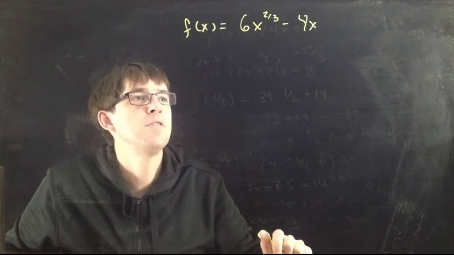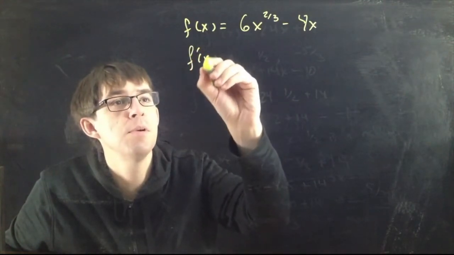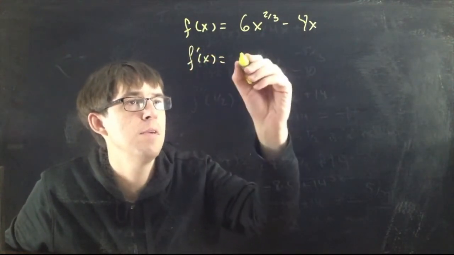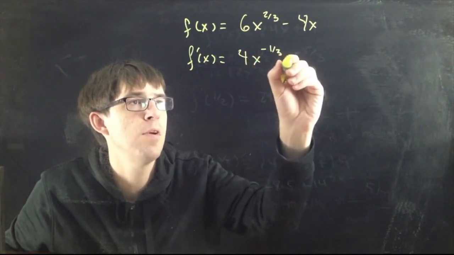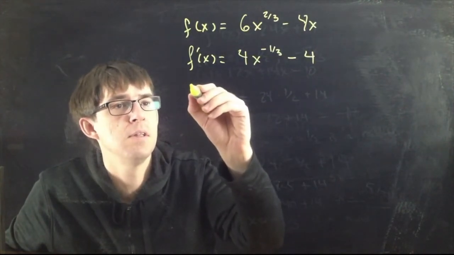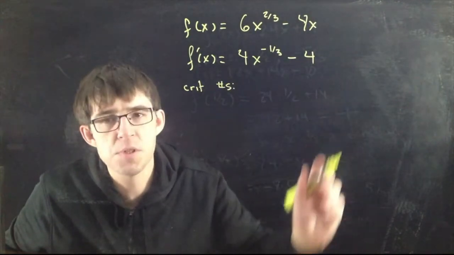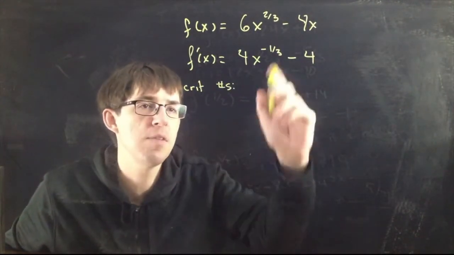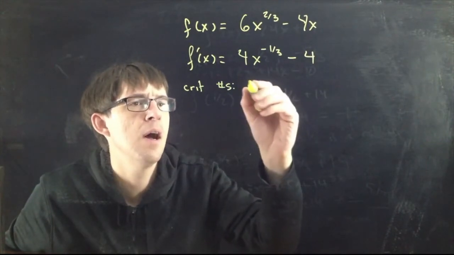All right, 6x to the 2/3 minus 4x. Now, we did this last time. First, you find the critical numbers, right? You do the derivative here. 6 times 2/3 is 4, so it's going to be 4x to the minus 1/3 minus 4. And then you solve this for our critical numbers. You set this equal to 0 and solve, and then you also say where this does not exist. We don't need to go through the whole details.